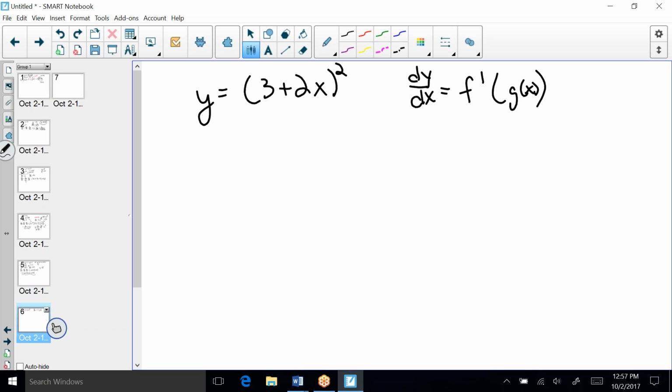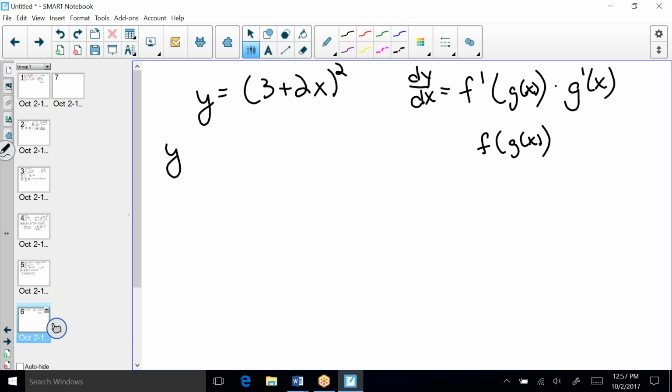So we look at the derivative of the outside, and we just copy the inside. Whatever we get there, we multiply by the derivative of the inside, g prime of x. We're still looking at f of g of x, where g is the inside and f is the outside.